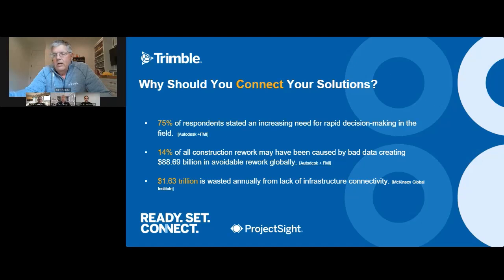So when we talk about how to forecast and how to get that information, one of the real keys is making sure that your systems are fed and are feeding other systems up and down the line.